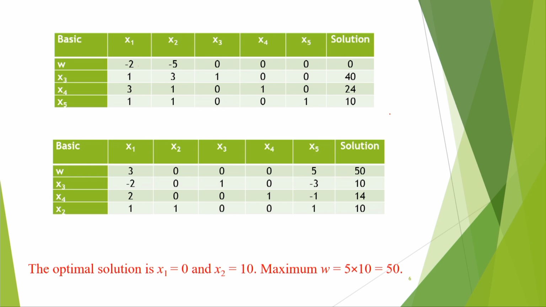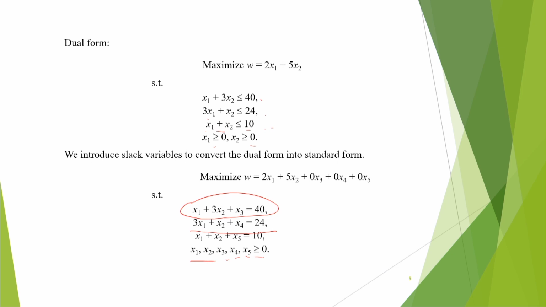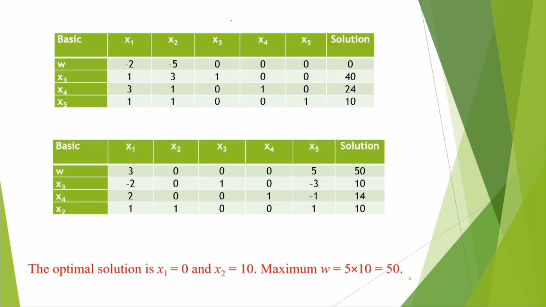Since our dual problem is maximization, we have to consider the most negative coefficient. Most negative is x2, so x2 becomes the entering variable and this becomes the pivot column. Now we find the ratio.